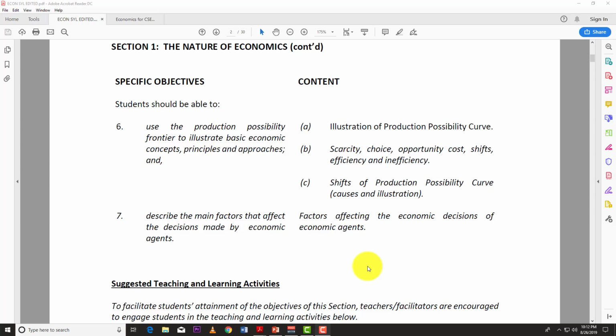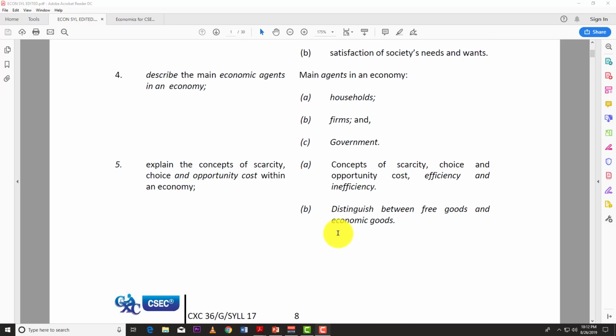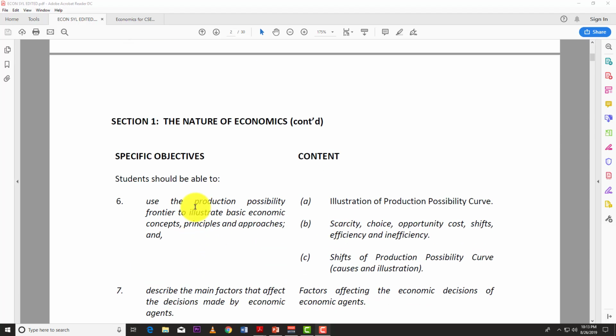Today we're going to pick up where we left off in our previous video, where we looked at objective number 1 through objective number 5 in the CSEC economics syllabus. So today we're going to continue and look at objective number 6. We're going to look at the production possibility curve.